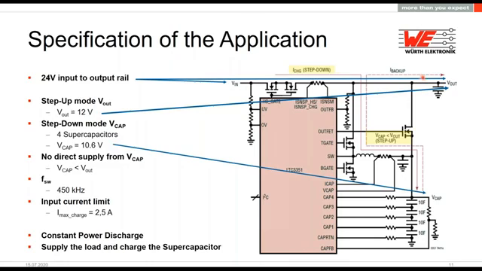Switching frequency is 450 kilohertz, and the input current is limited to 2.5 amp. Also, we have a constant power discharge, and we supply the load and charge the supercapacitor at the same time.